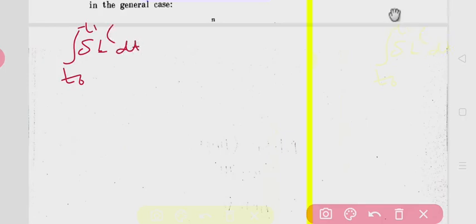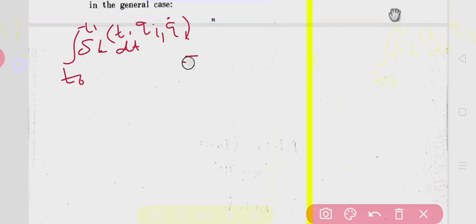L is a function of t, qi and qi dot. So if you open this delta of L, it is given by the integral from t0 alpha to t1 alpha of curl L over curl t, delta t, dt.